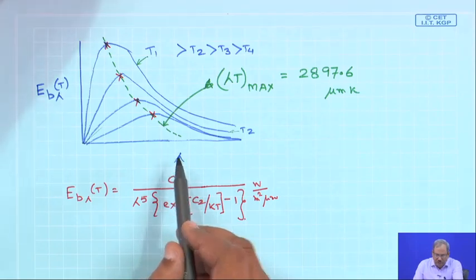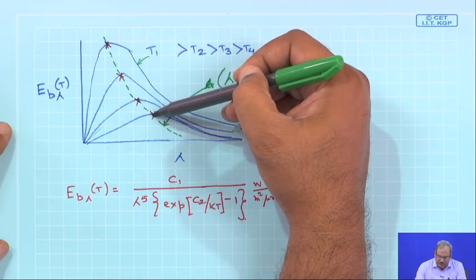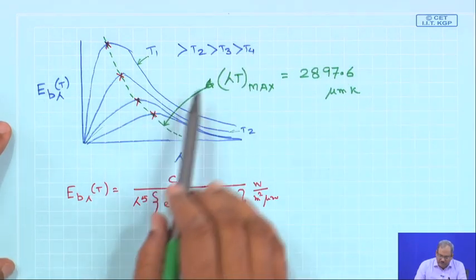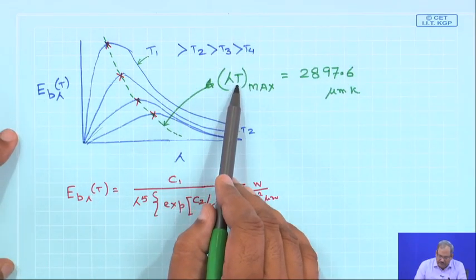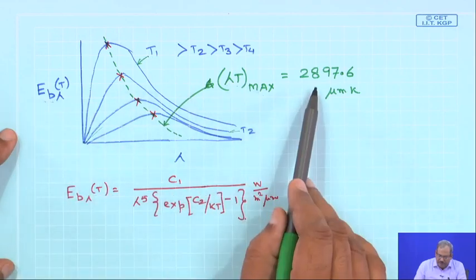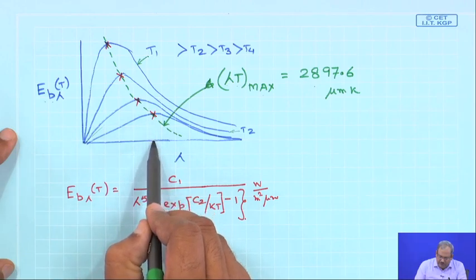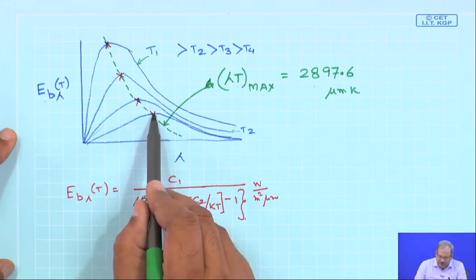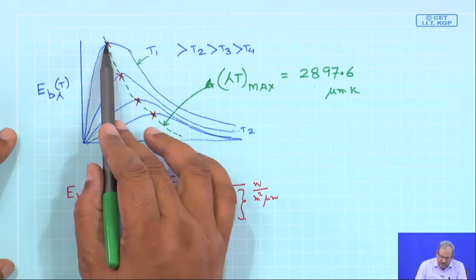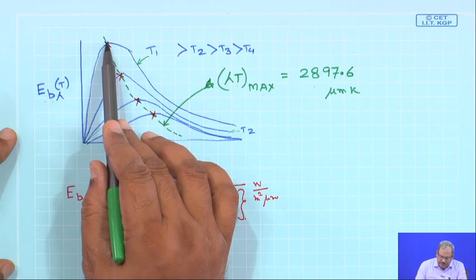Interestingly, when you look at the maxima of these curves, what you see is that the product of lambda times T corresponding to the max of E_b lambda T is a constant. So, if you find out the corresponding lambda and the corresponding temperature, and multiply them together, you get the same value.